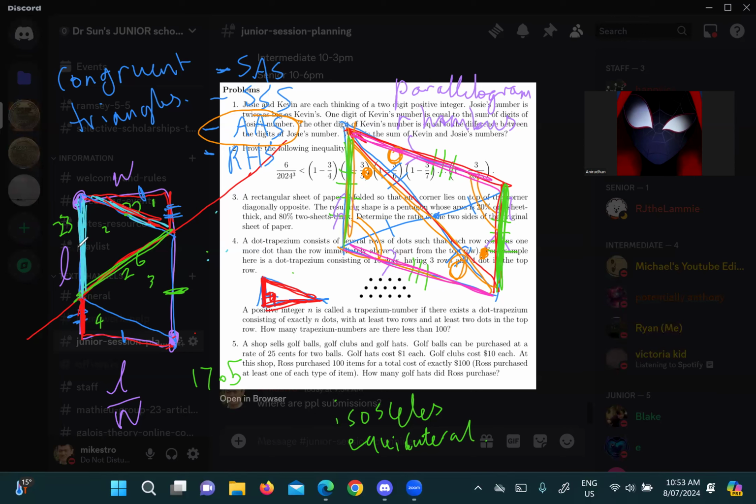How do we find that? You're saying find the ratio between this length here and this length here? Are you still trying to show it's isosceles or is it something else?